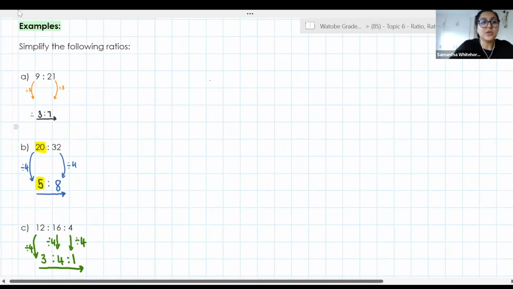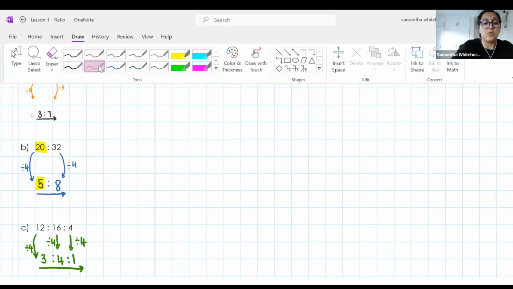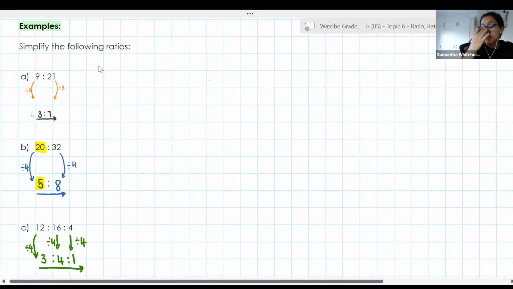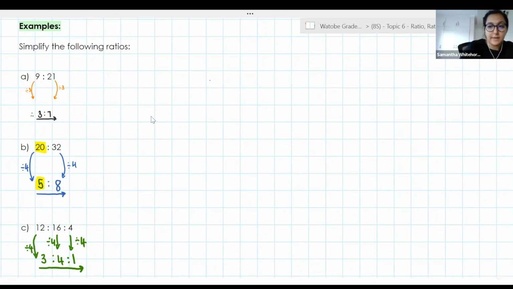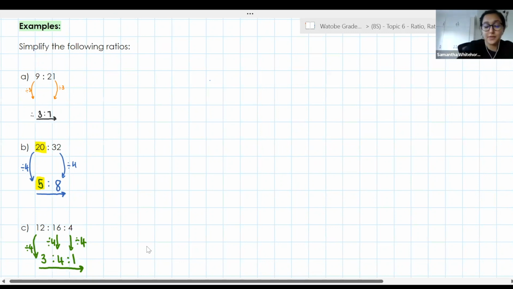Alrighty, guys, now just quickly to go back to what I was saying earlier about how you keep dividing until you can't anymore. And this will hopefully answer Zintle's working out there on the chat. If you have the ratio 12 is to 16 is to 4, and your first instinct is to divide everything by 2, we divide 12 by 2 to give us 6. We divide 16 by 2 to give us 8.